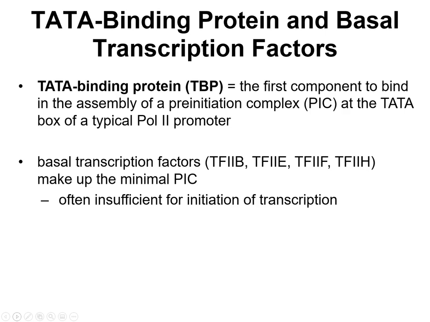And then you bring in TF2D and then all the other factors. The basal transcription factors make up the minimal PIC, the pre-initiation complex, along with POL2. It's insufficient to initiate transcription in vivo, which means in the cell, but you might be able to get something to work on the benchtop.